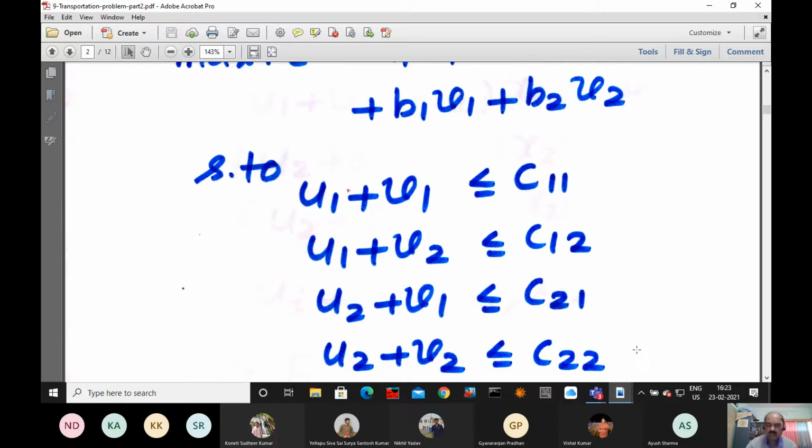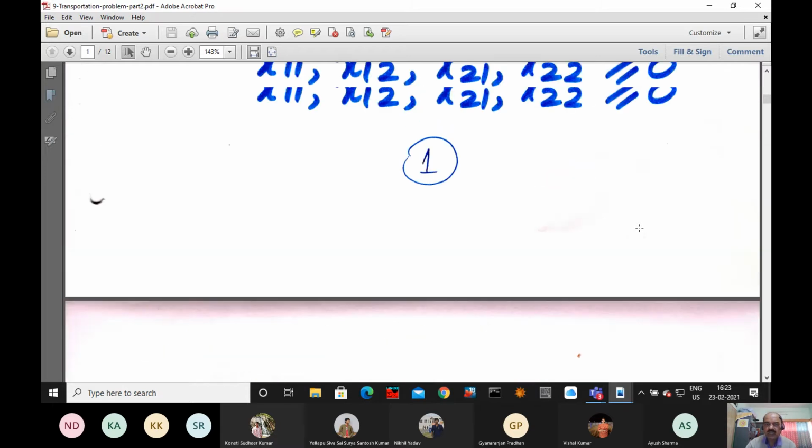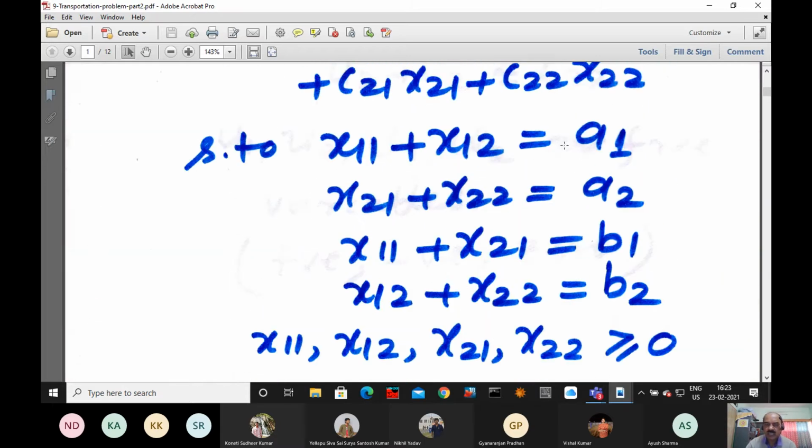Now, here many things we must learn. In this problem, these constraints are all equality type. First constraint is equality type, second constraint is equality type, third constraint is equality type, fourth constraint is equality type. If the constraints are equality type in the primal problem, what about the variables in the dual problem?